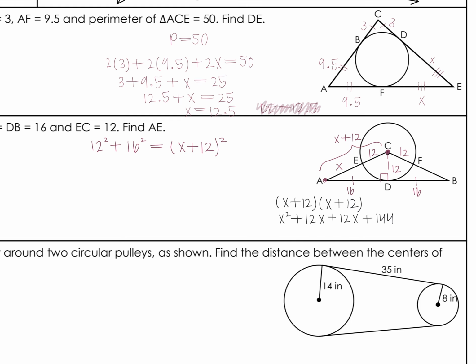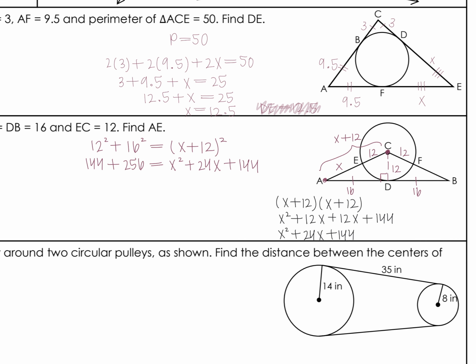Okay, so combining my like terms, this is actually going to end up being x squared plus 24x plus 144 here. So I'm going to come back over here and let's plug that in. We'll have 12 squared is 144 plus 16 squared, which is 256, is going to be equal to that x squared plus 24x plus my 144.